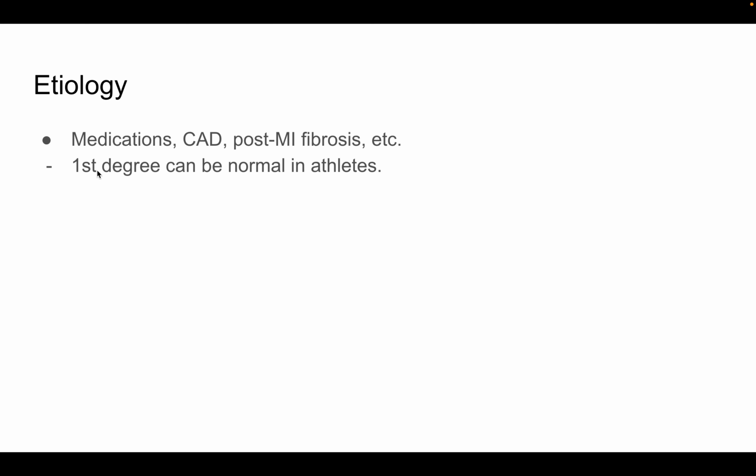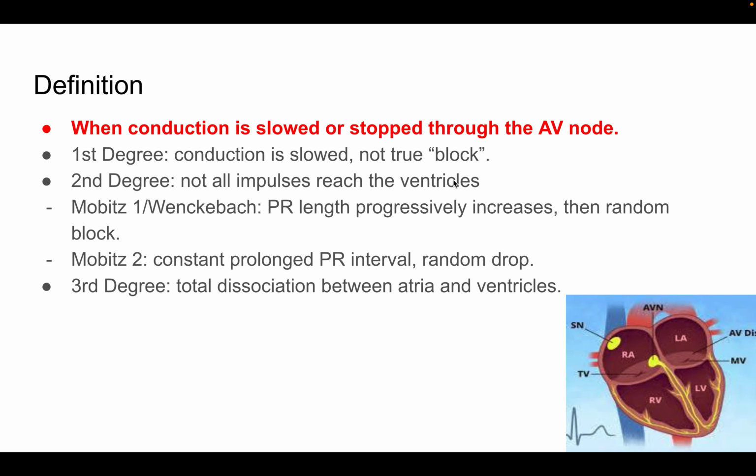So what causes a heart block? Well, I will start with this point right here. A first degree heart block, which is the less severe, can actually be normal in athletes. What I want to go over real quick is that it's normal in athletes because they have well-trained and well-conditioned hearts.